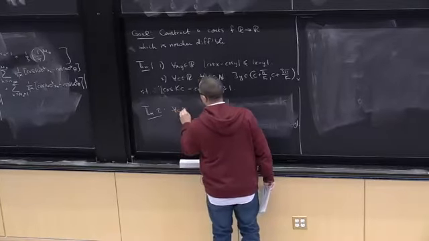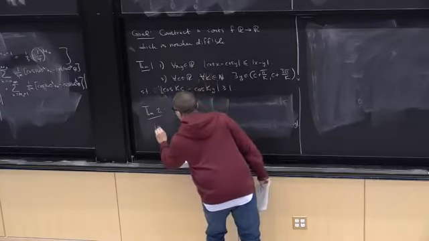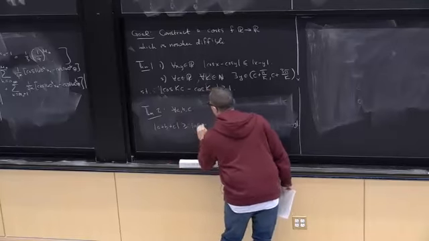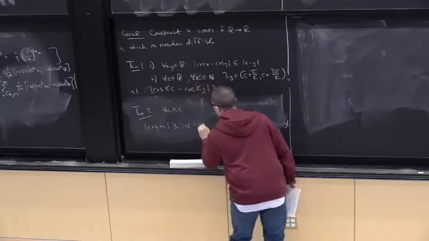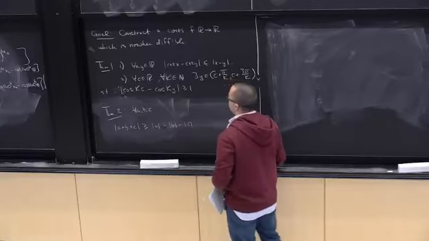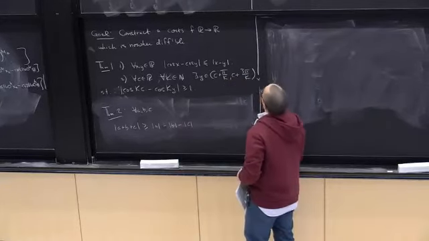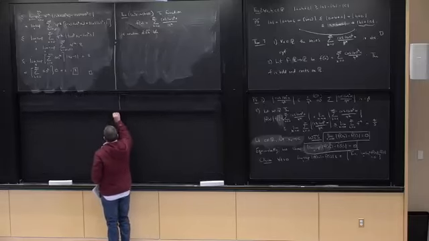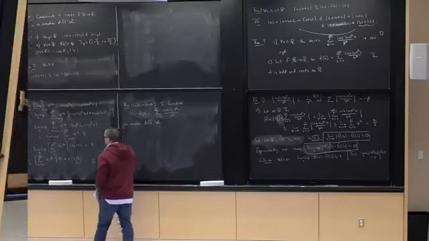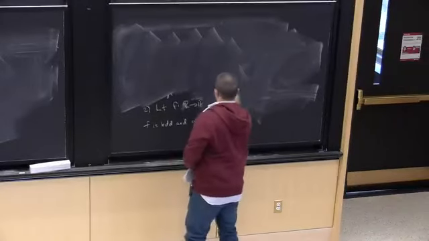For all A, B, C, the absolute value of A plus B plus C is bigger than or equal to A minus the absolute value of B minus the absolute value of C. All right?